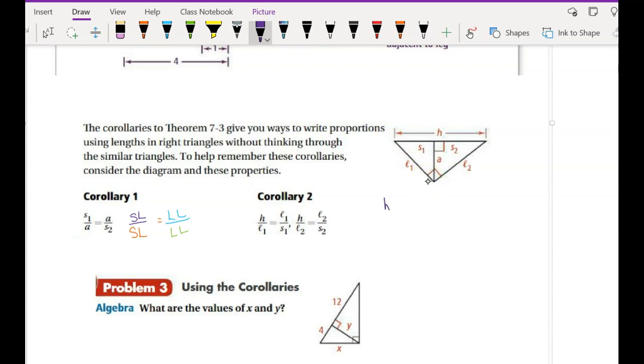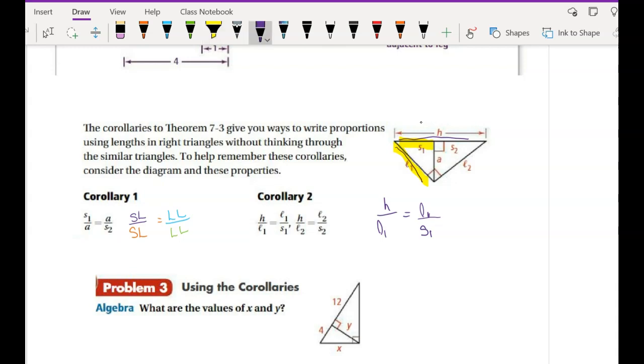So we're going to have H to L1 is equal to the leg of my big triangle to the leg of my small triangle. So it goes H to L1 and then L1 to S1.